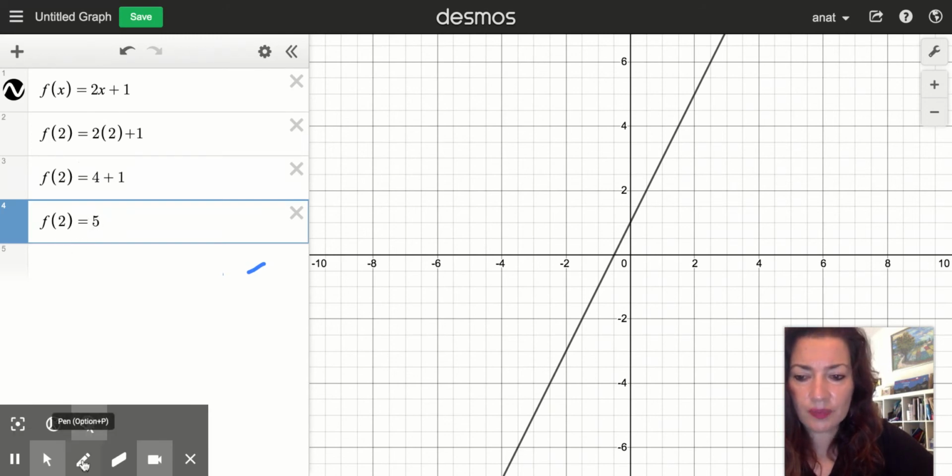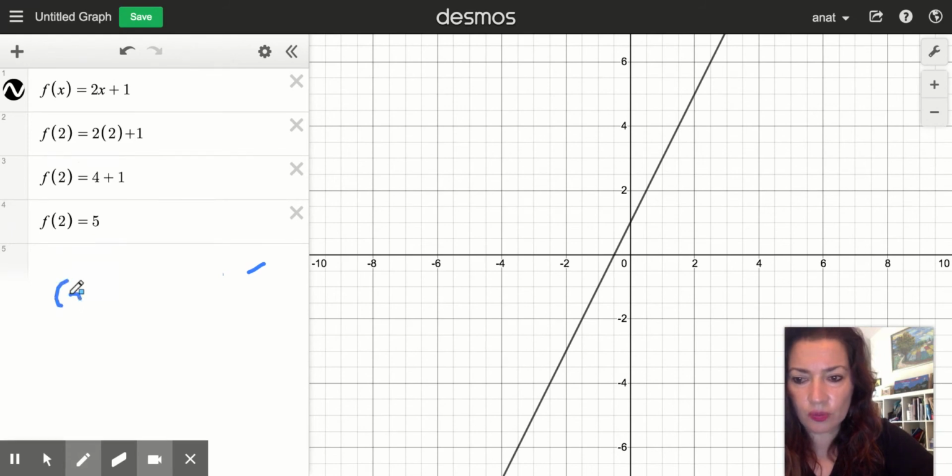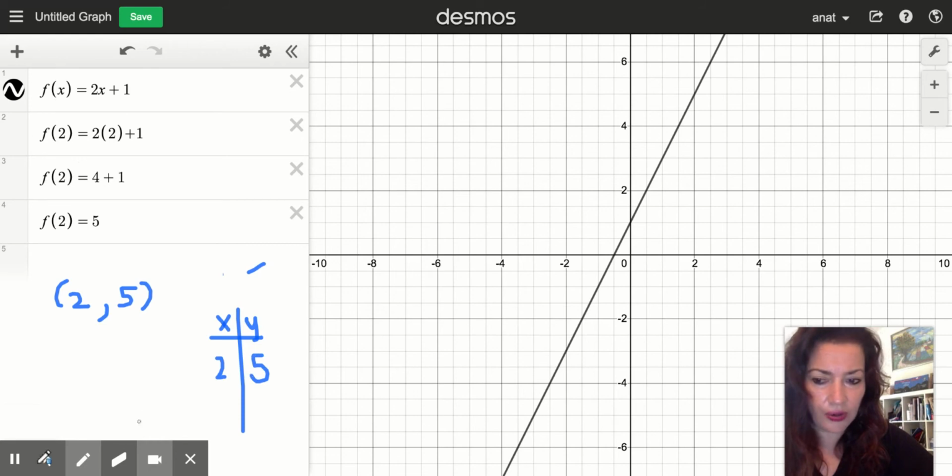This is one way to represent using function notation. This actually means the same thing as if I would have written, when x is 2, y is 5. I could have also written this ordered pair on a table. So in other words, when x is 2, y is 5. What does that look like on our graph?